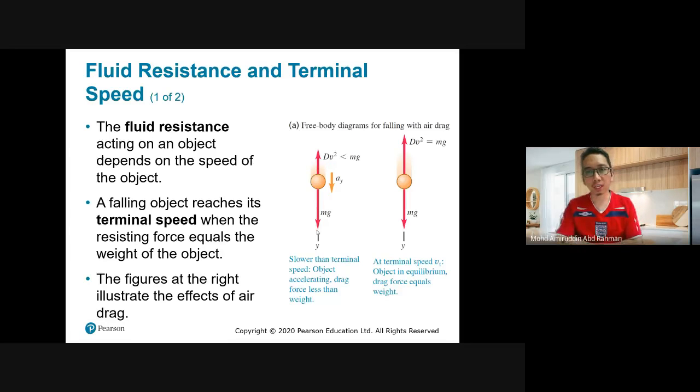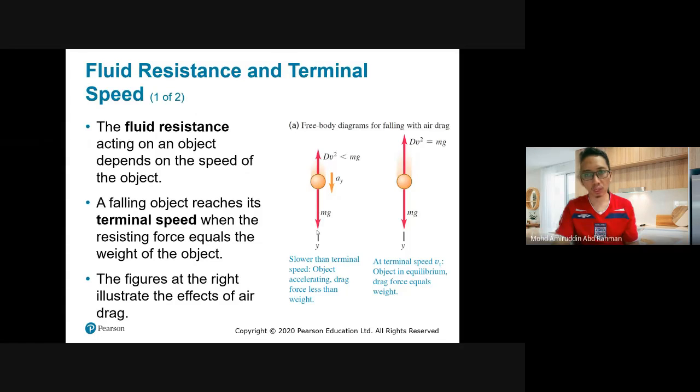Let's say the object, right now on the left, has dv squared less than mg, meaning that mg is much bigger than dv squared at that time.